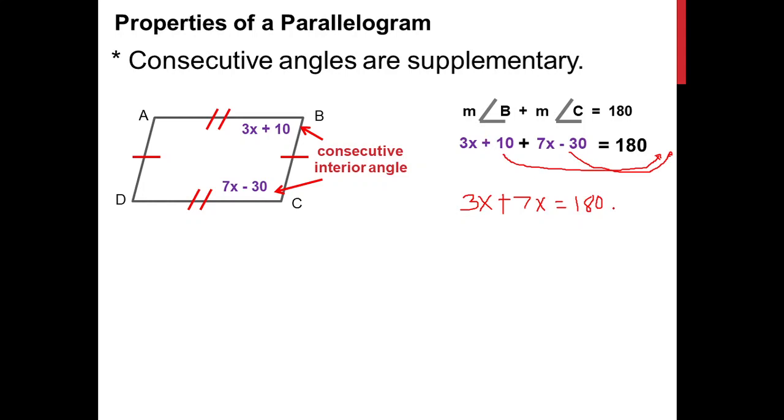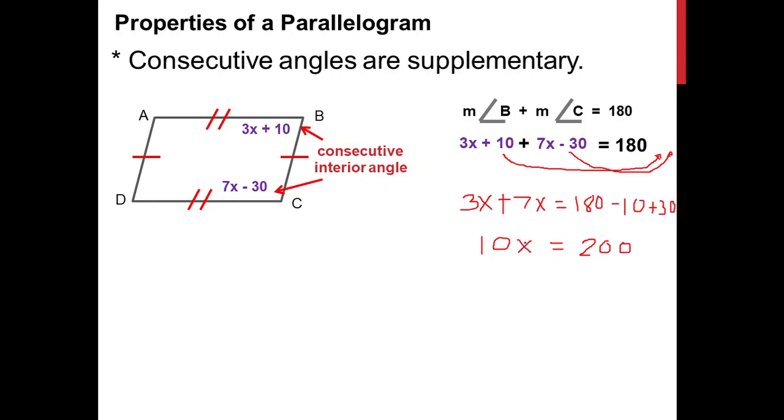So positive 10 becomes negative 10. Negative 30 becomes positive 30. There. Now let's combine terms. 3x plus 7x is equal to 10x. 180 minus 10, that's 170, plus 30, that is 200.